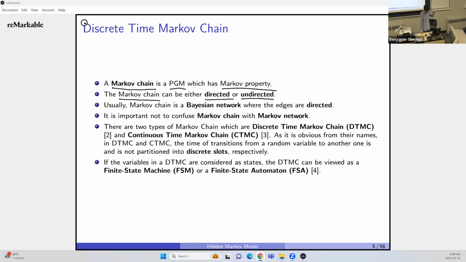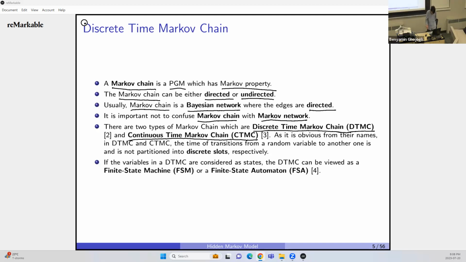You shouldn't confuse Markov network and Markov chain. These are different. Usually a Markov chain is a Bayesian network where the edges are directed. It is important not to confuse Markov chain with Markov network. There are two types of Markov chains. One of them is the discrete time Markov chain, or DTMC in short, and the continuous time Markov chain, or CTMC in short.